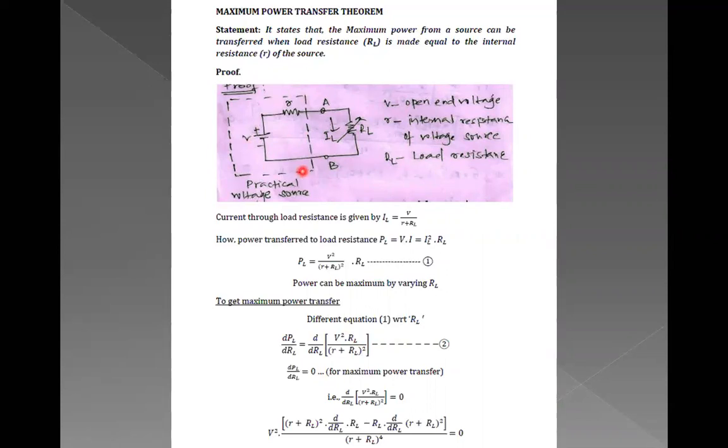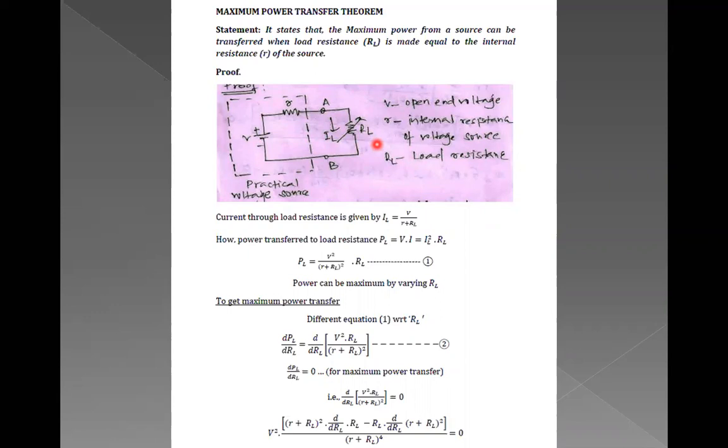So what is the current from this particular circuit? The current through the load resistance is given by IL equal to what? V by R plus small r plus RL. So the current through this particular load resistance should be equal to V by R plus RL, because these two are in series with each other. So how is the power defined? Power is nothing but the product of voltage and current.